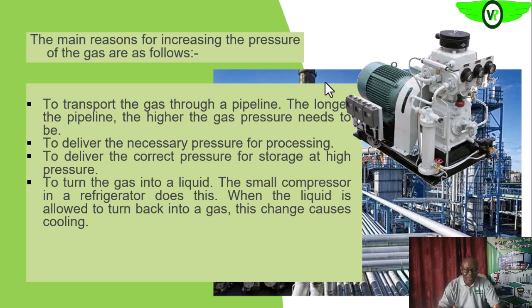Then, like we said earlier, to turn the gas into liquid, and for combustion, as we saw in the case of your gas turbine, the compressor section compresses the combustion air before it is sent into the combustion chamber.